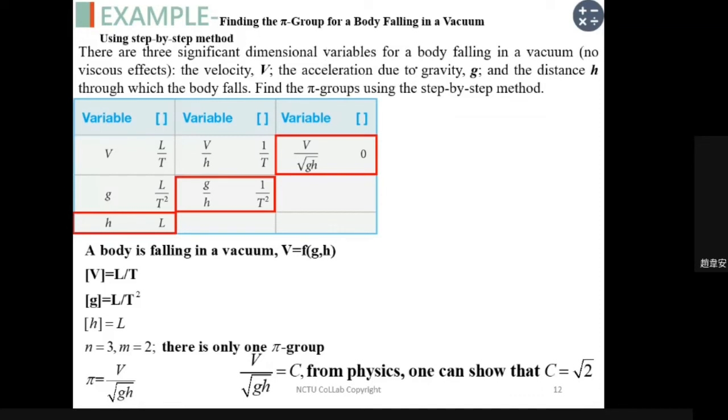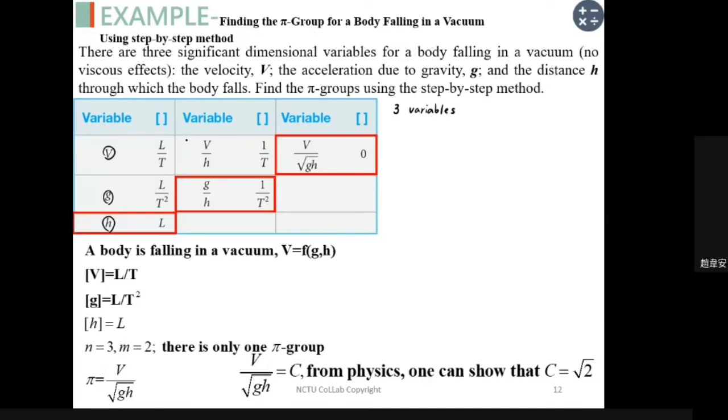As I mentioned, if we do the model testing for body falling, how many variables are involved in this practical phenomenon? For this problem, we will have the velocity, the gravity, and the falling height, h. So we have three variables, right?